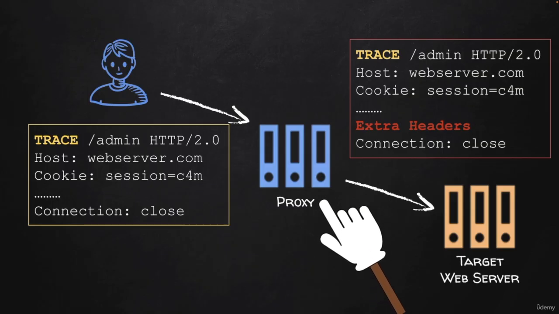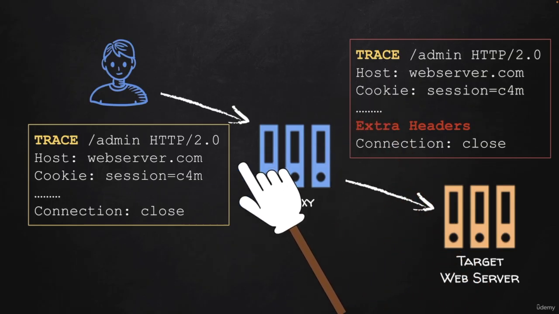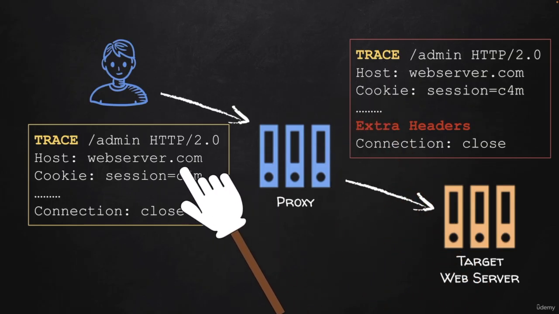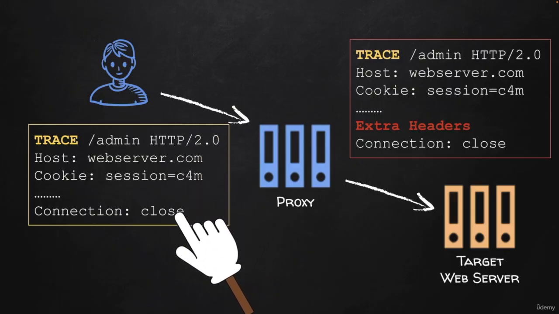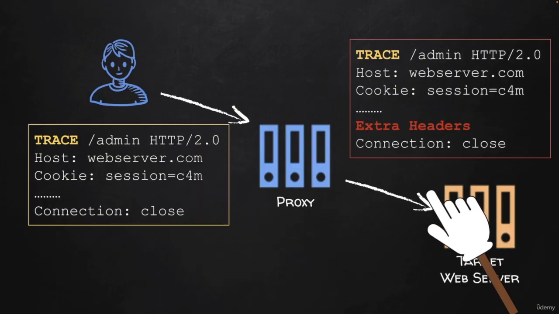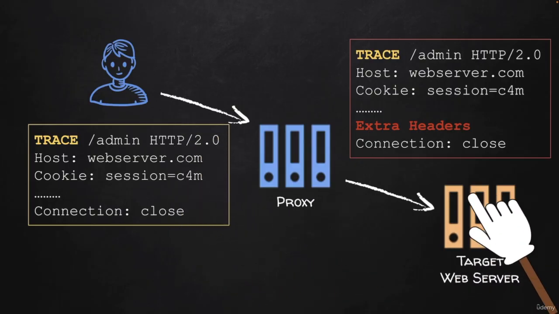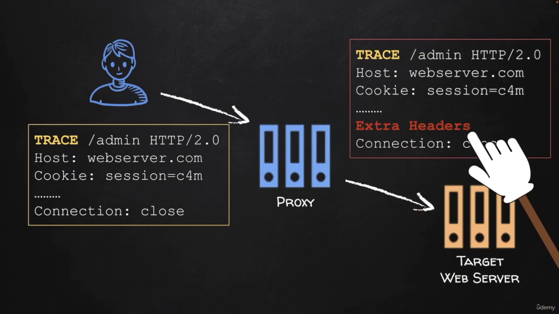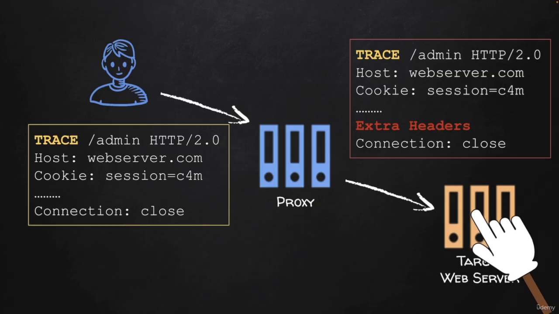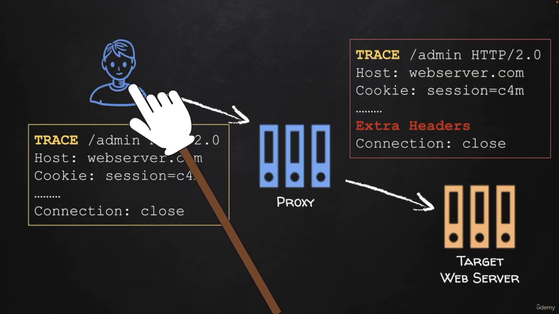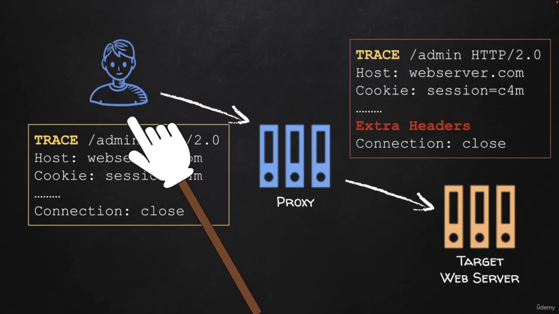And these points or nodes can actually modify the original request that you sent. For example, you started with this request, but the end result that the target web server receives could possibly contain extra headers and extra data. And the target web server might use this data to identify you or treat you differently.